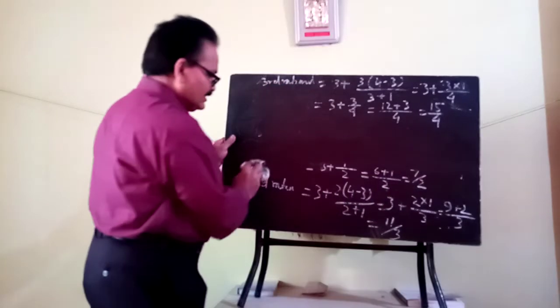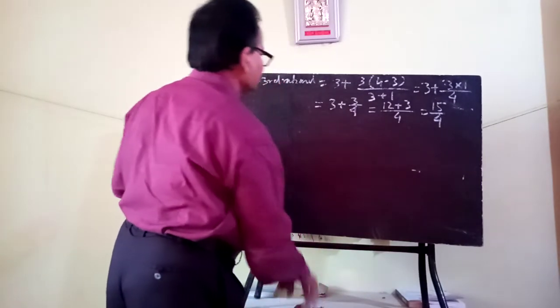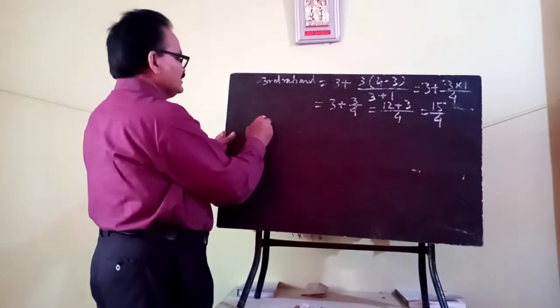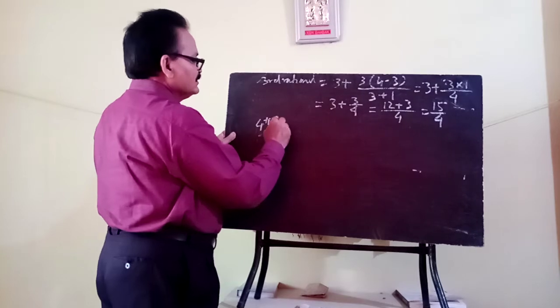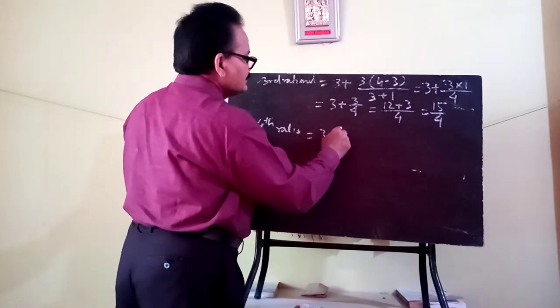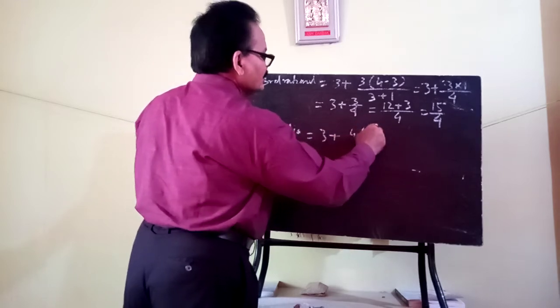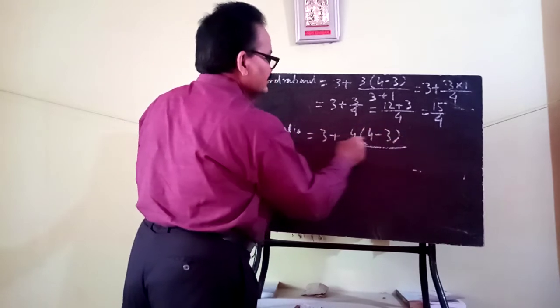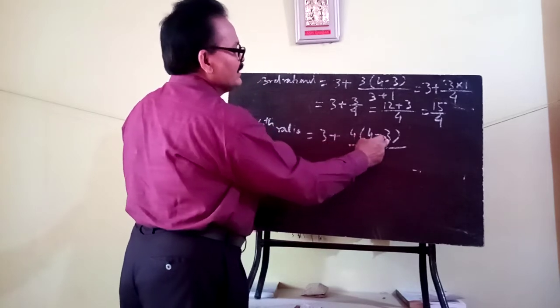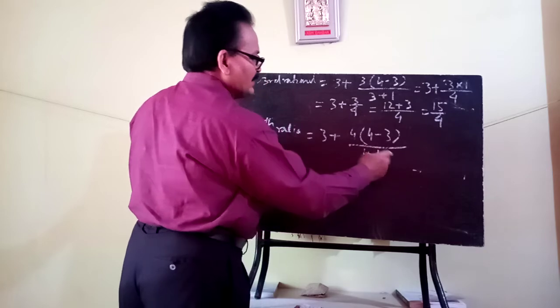Now fourth rational. Again you apply the formula. Fourth rational inserted: 3 plus 4 into (4 minus 3) by (4 plus 1), that is n into (b minus a) by (n plus 1).